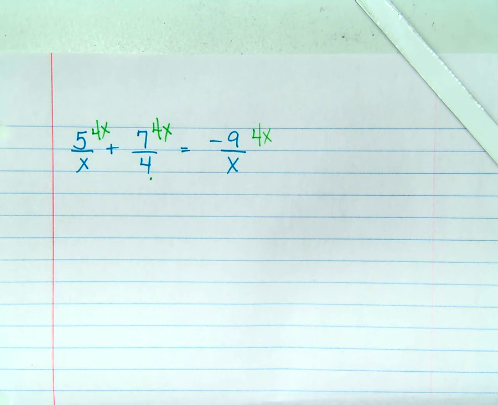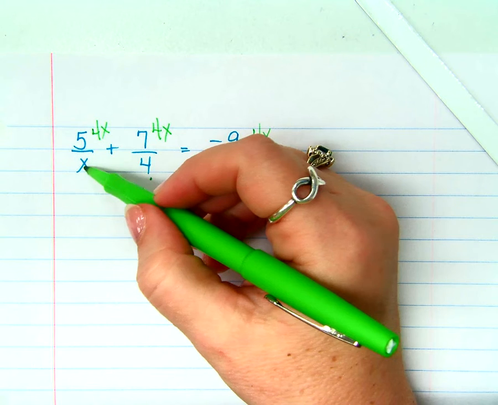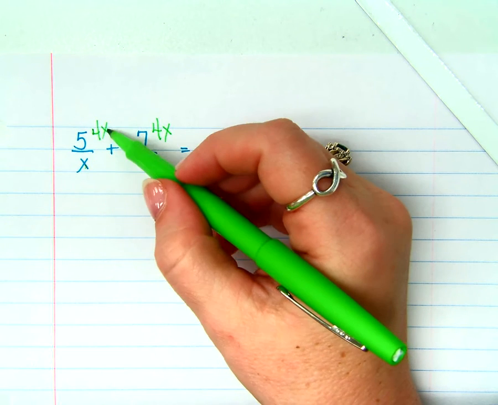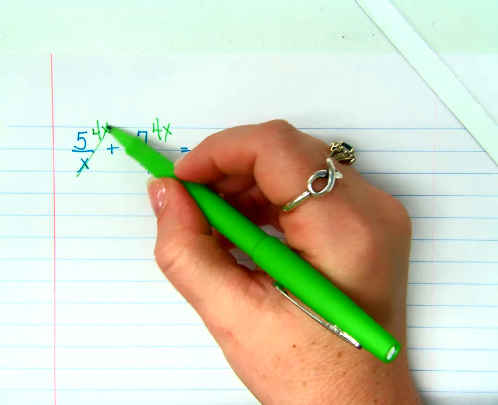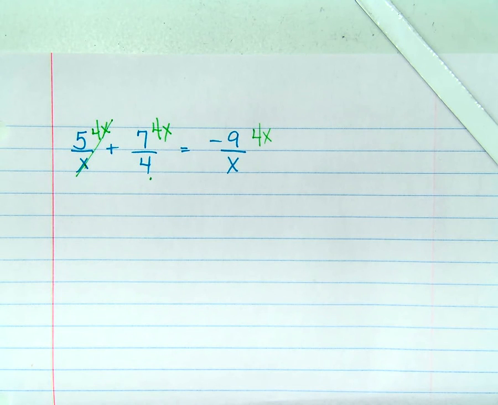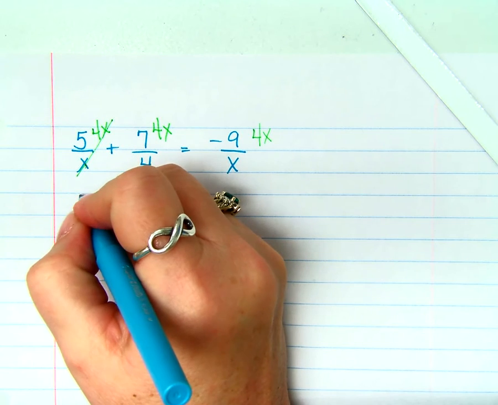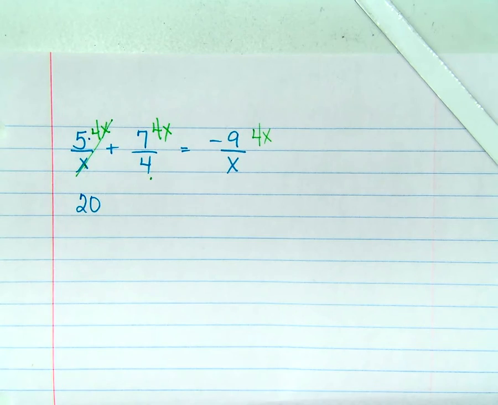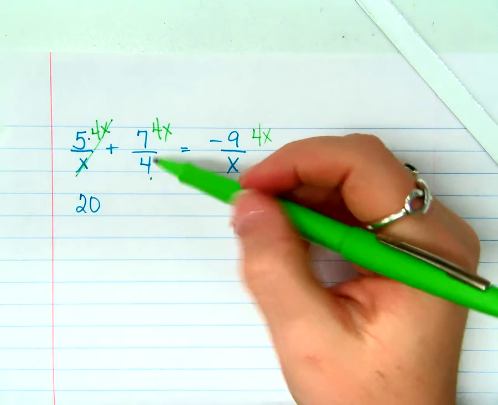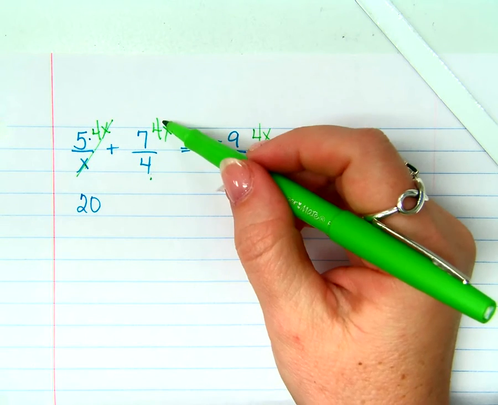Okay. Now, how in the world does that actually help me eliminate the denominators? What happens to these x's? What is x divided by x? 1. That simplifies to 1. What's left? 20. Right? 5 times 4. What happens to these 4s?